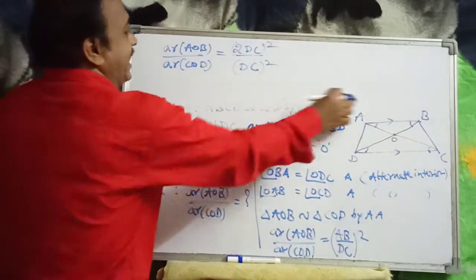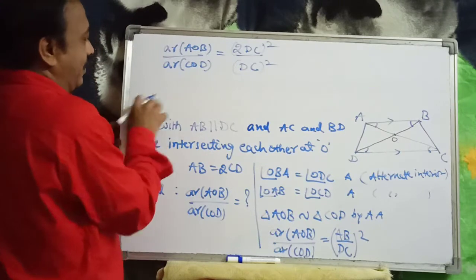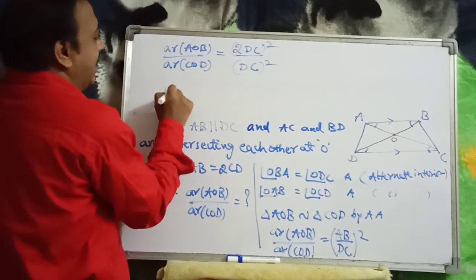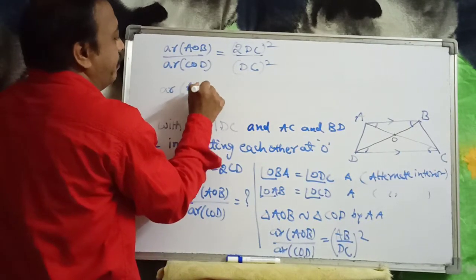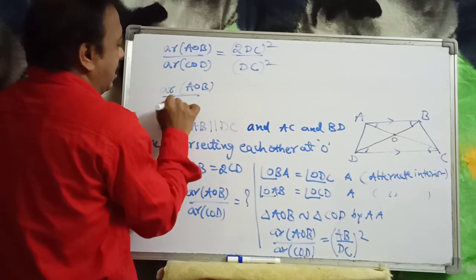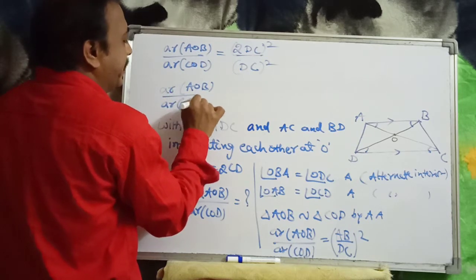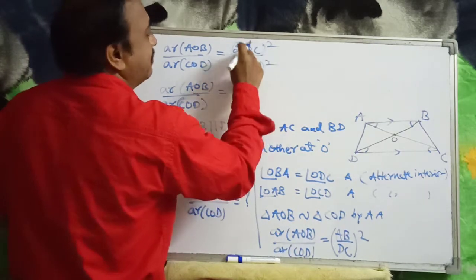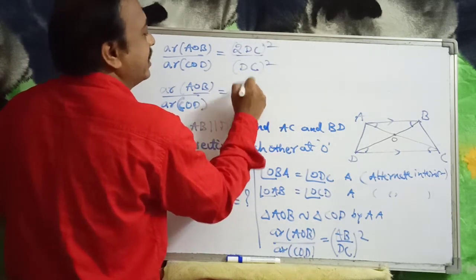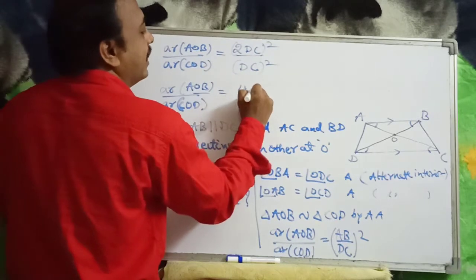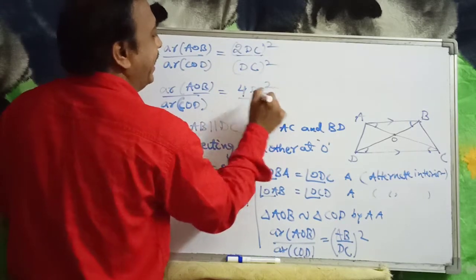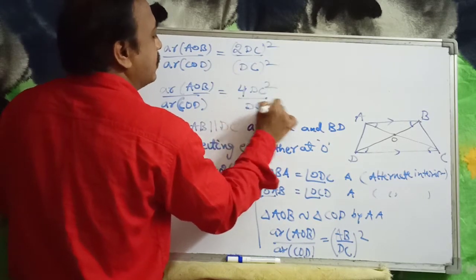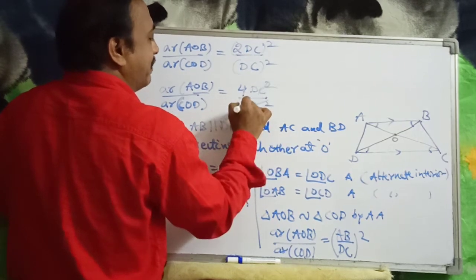That means 2 square is 4, DC square by DC square, so DC square gets cancelled.